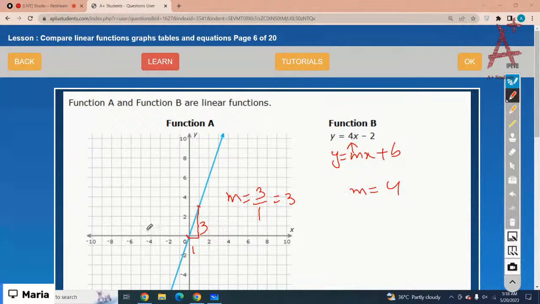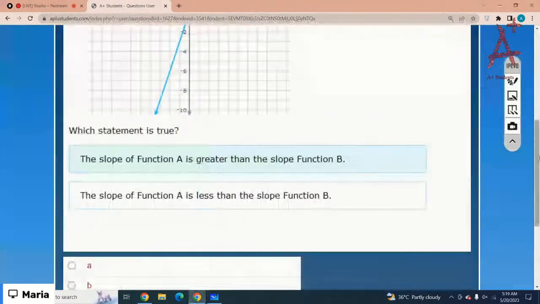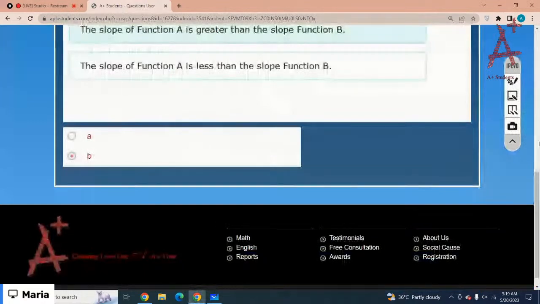So function A has the slope 3 and B has the slope 4. That means slope of function A is less than slope of function B. Got it? Option B is the correct option.